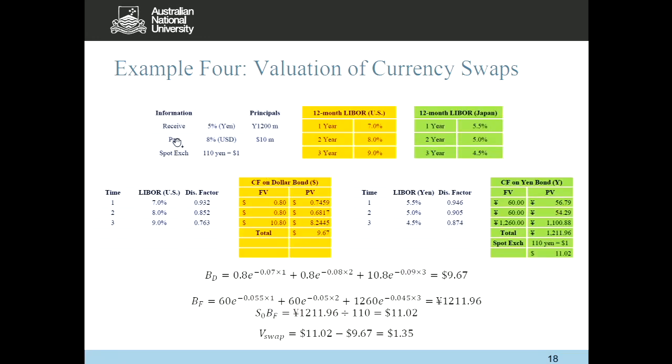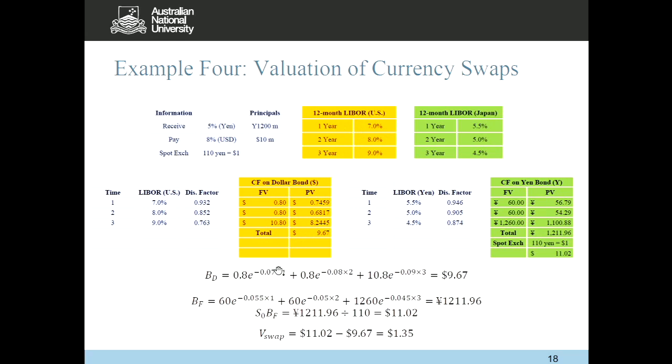Okay, so let's start with the dollar bond. The dollar bond has a principal of 10 mil and pays 8% per annum, right? So that's 8% multiplied by 10 mil, so that's 0.8 paid every single year. And then you're using the US dollar LIBOR rate to discount each cash flow.